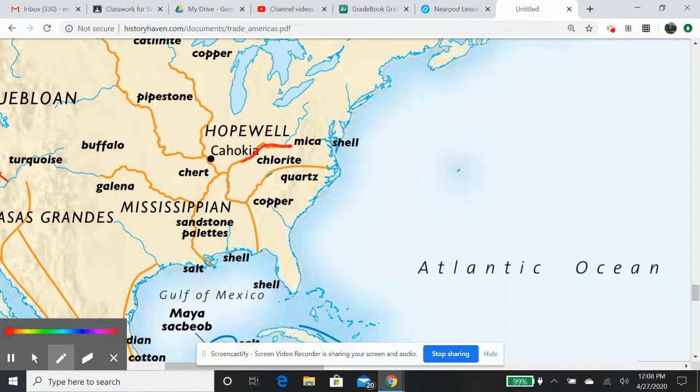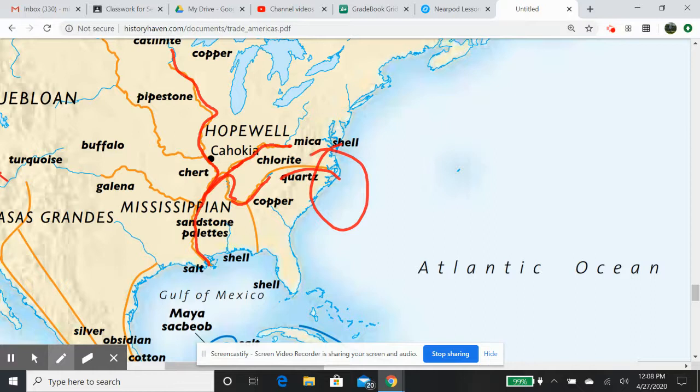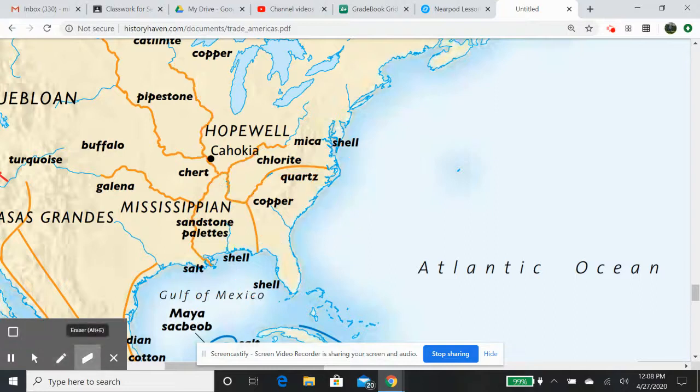Following the Ohio, following the Mississippi, you're following the Mississippi going up. I forget what river this is here, but they're following this river. This river goes to, I think, the Roanoke area. Getting down to here, you have the aspects of the Gulf of Mexico, but you can see what they were bringing with them.